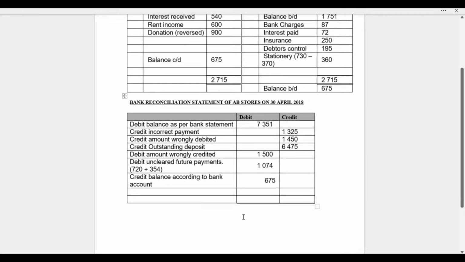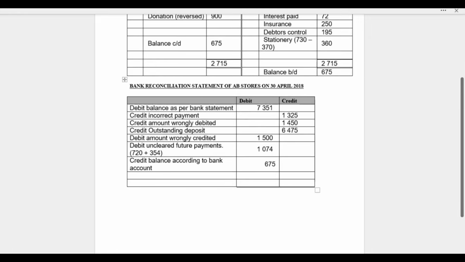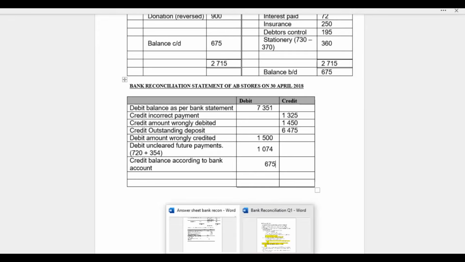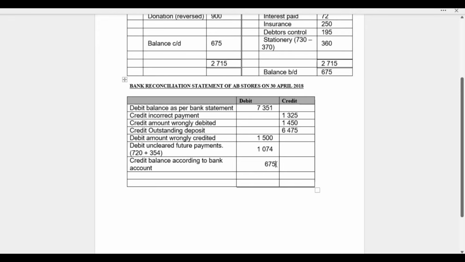Then we can double check if there's any other transaction. No, we said credit. This must go to the credit side, right? 675. Right.